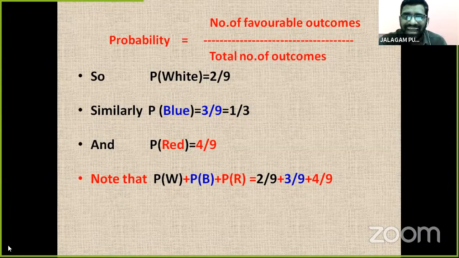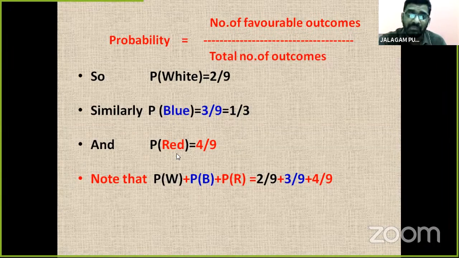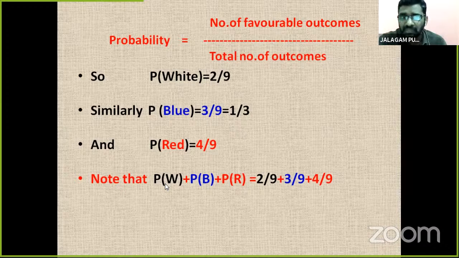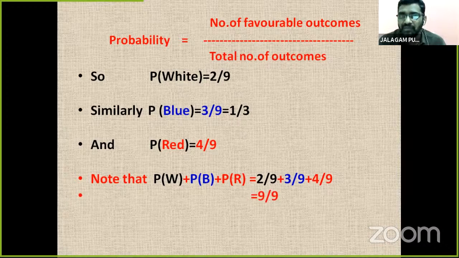Here we add all the marble probabilities: white, blue and red. So all marble probabilities are there. 2 by 9 plus 3 by 9 plus 4 by 9: 2 plus 3 is 5, 5 plus 4 is 9, so 9 by 9.